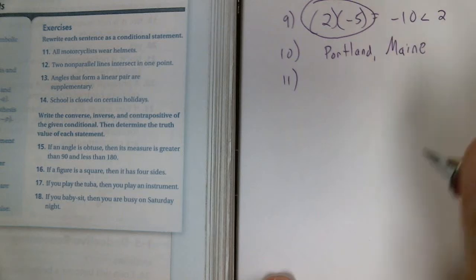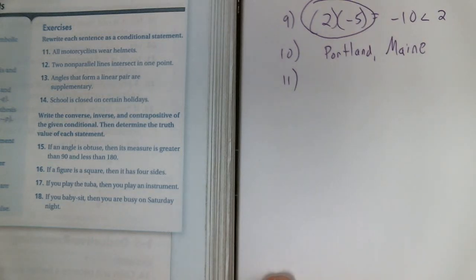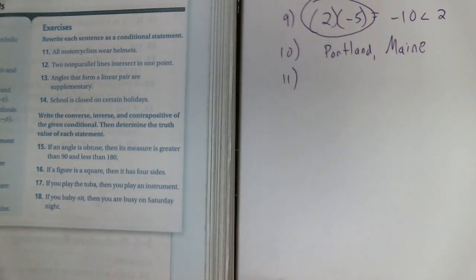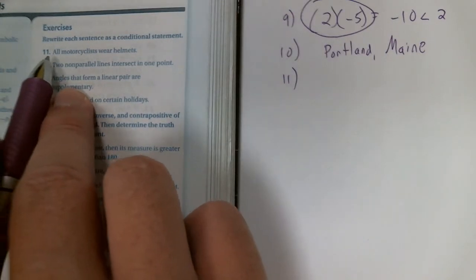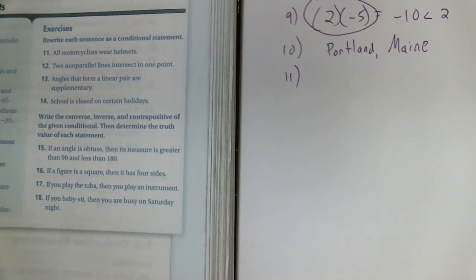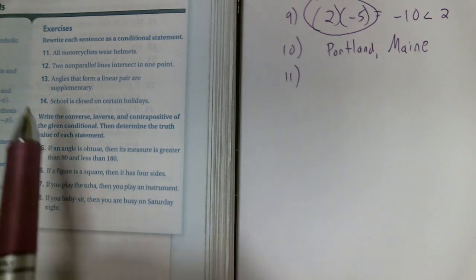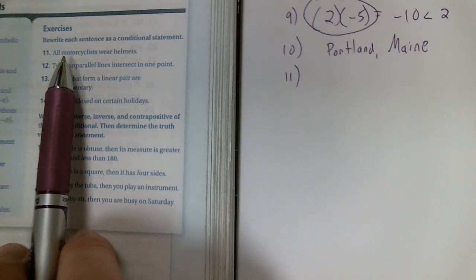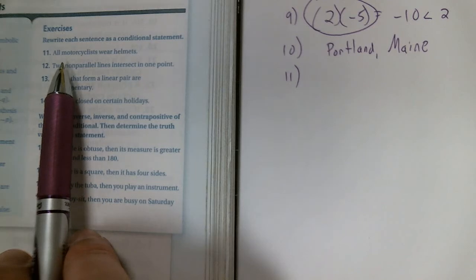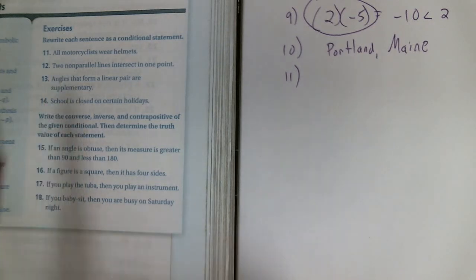So if I have "all motorcyclists wear helmets," how could I put in an if-then? I can't say "if motorcyclists then wear helmets." That's a sentence fragment. That doesn't make any sense at all. So how could I reword this with an if and a then? I could say if you are a motorcyclist, or I could say if a person is a motorcyclist.